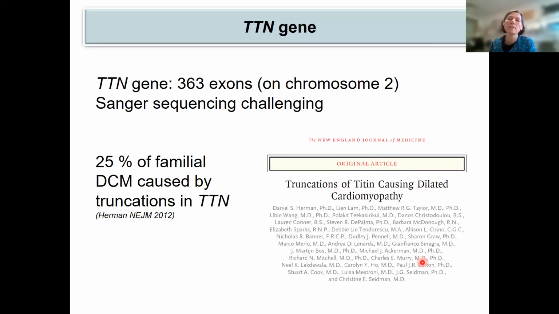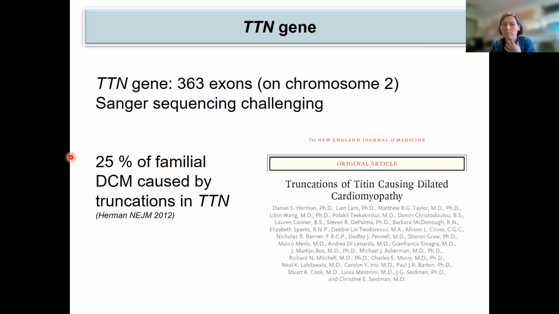Because of its size, 363 exons, in times of Sanger sequencing, it was pretty much impossible to look at titin and its role in cardiomyopathies. And only when next generation sequencing was rolled out into practice, titin became accessible as a gene to interrogate.